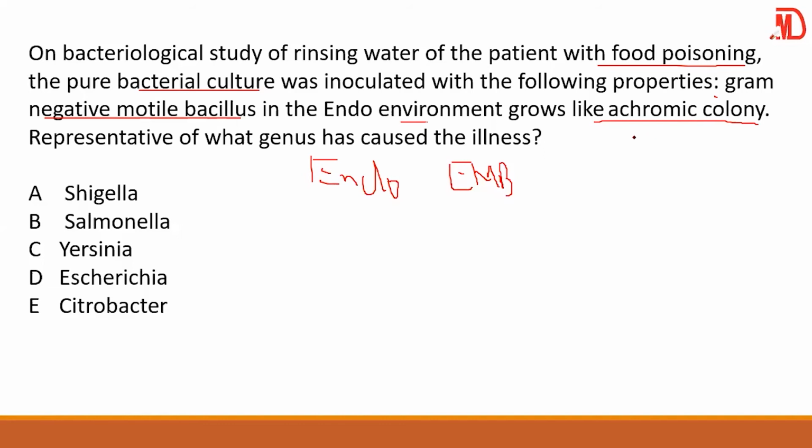Achromic means no color, it means colorless, and here we are referring to gram-negative bacteria. Here we are looking at Salmonella, because Salmonella do not ferment lactose. And hence, that is your answer.